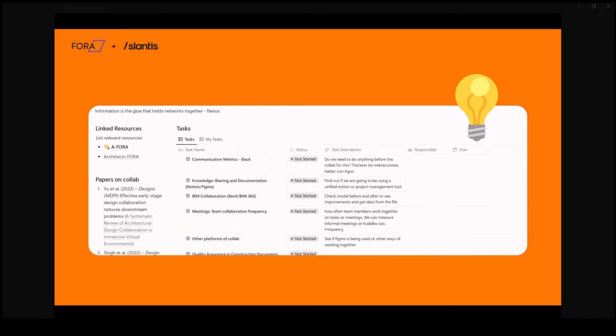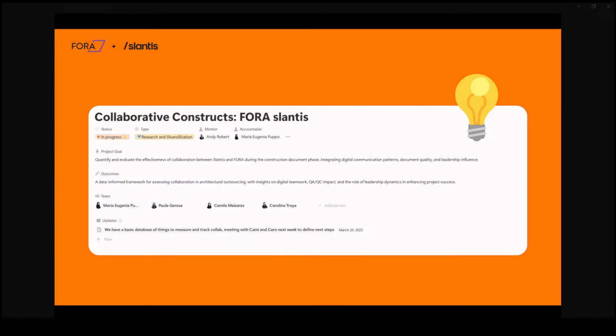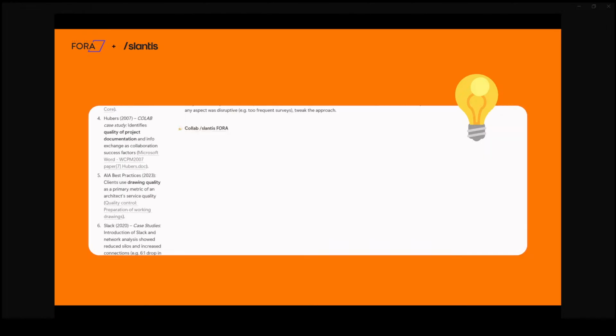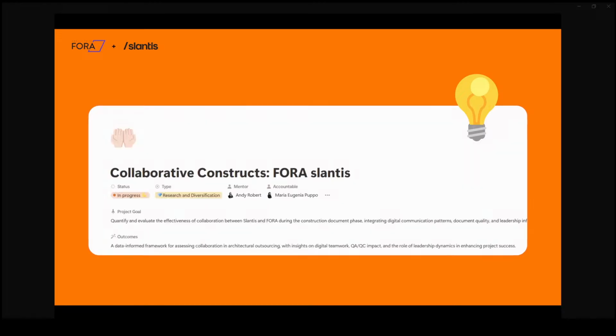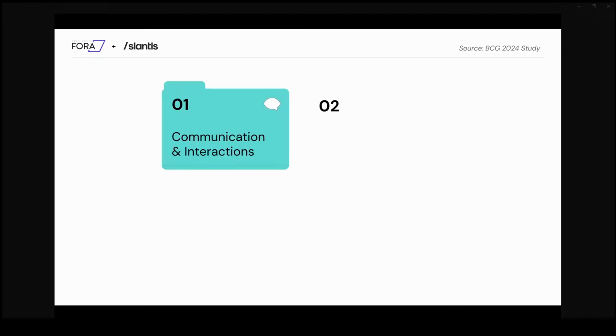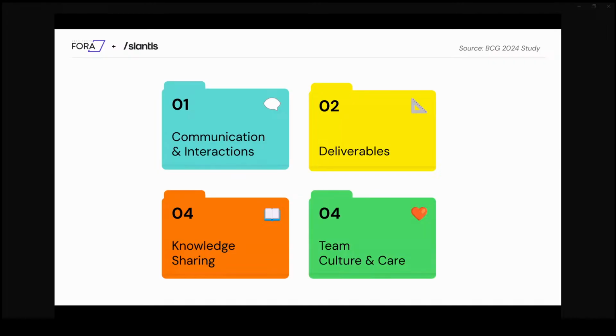So how can we reflect this scientifically? And she came out with this fantastic idea: we know we are aligned, so how can we build a real world case study of how this is actually happening? We came up with the idea of measuring four axes.